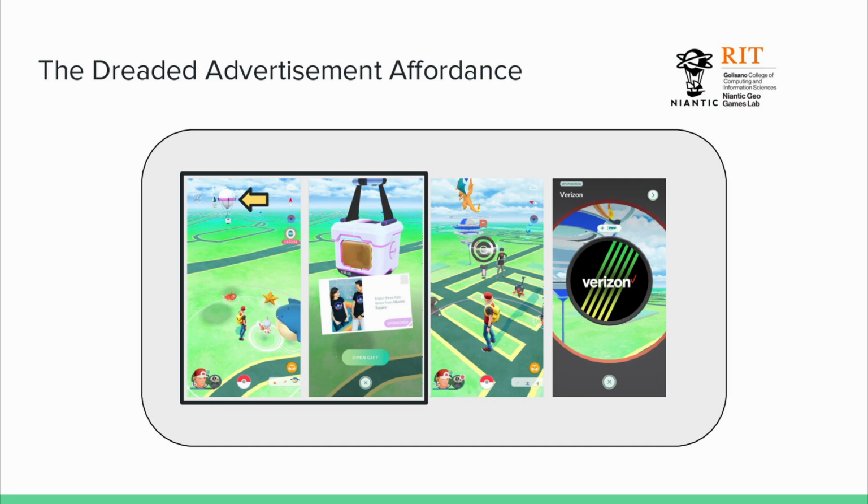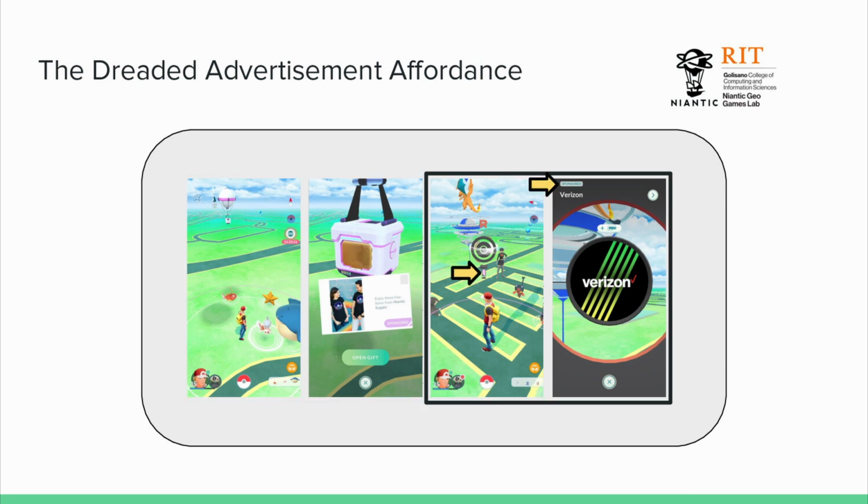Once you click on this open gift tab here, it'll give you a small gift within the game, some sort of resource or another, right? Importantly, when a user clicks on this, there is a 3-second delay before they can click off of it. Very important, very recurring form of advertising.